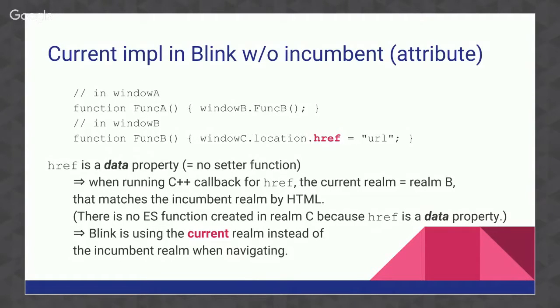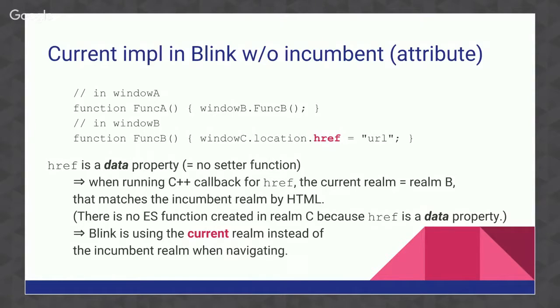So let's look at Blink's implementation. As Blink does not support incumbent realm so far, we are doing slightly different things. First, href is implemented as a data property. So there is no ECMAScript function when we are performing the actual assignment operation of href.